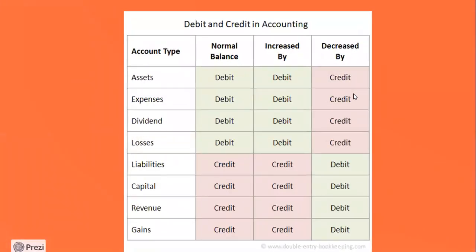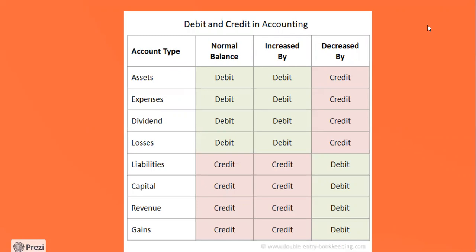Now, to summarize, we have here the account types: assets, expenses, dividends, losses, liabilities, capital, revenue and gains. The normal balances are shown here. Assets have a normal debit balance, and an increase in assets should be on the debit side, while a decrease should be on the credit side. The same goes for expenses, dividends and losses.